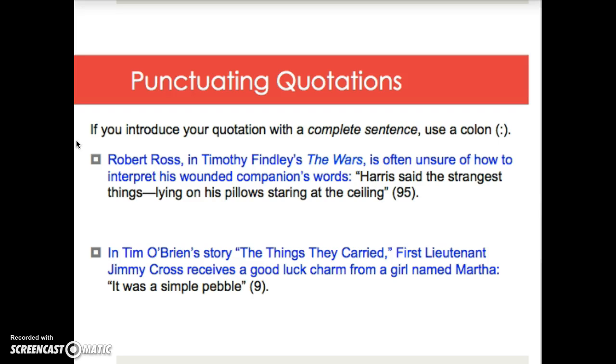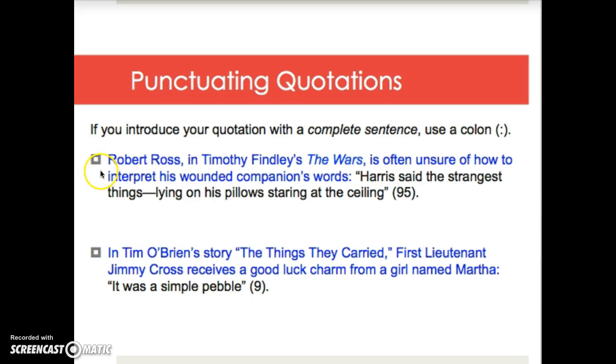So you have a subject and a verb, and together those form a complete thought. So that's a sentence. And so if you have a complete sentence and then you want to add a quotation, use a colon to connect your sentence to the quotation.